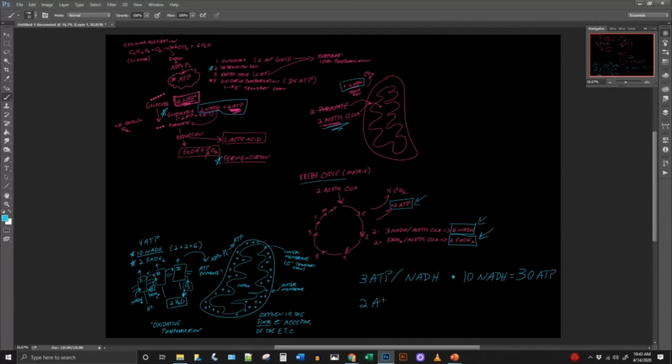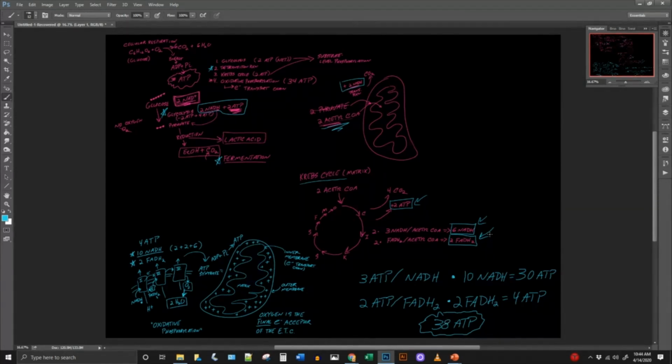You get 2 ATP per FADH2, times 2 FADH2, gets you another 4 ATP. And what does that add to? 34 ATP, plus the 2 that we got from glycolysis, plus the 2 that we got from the Krebs cycle. So in total, not 34, 38 ATP total.